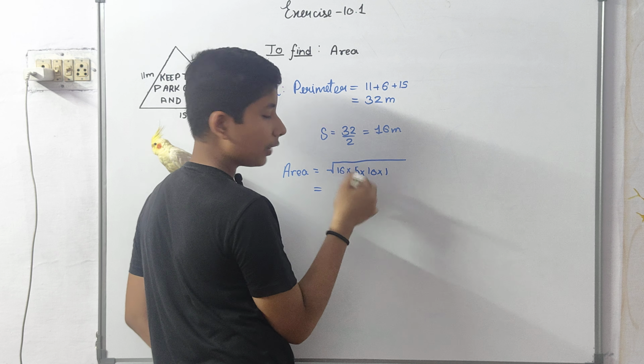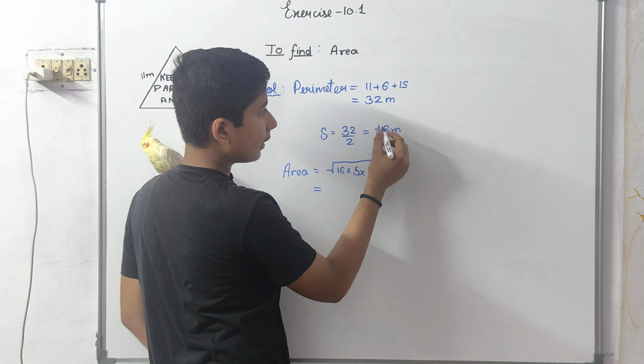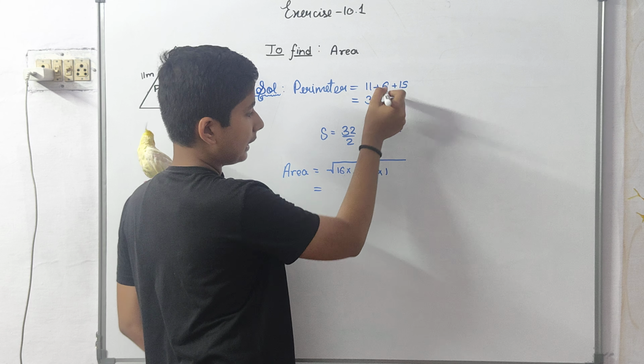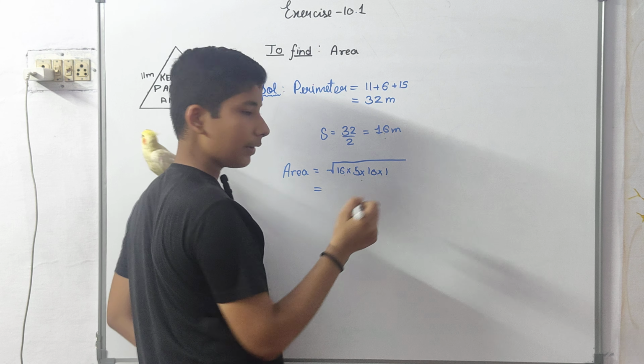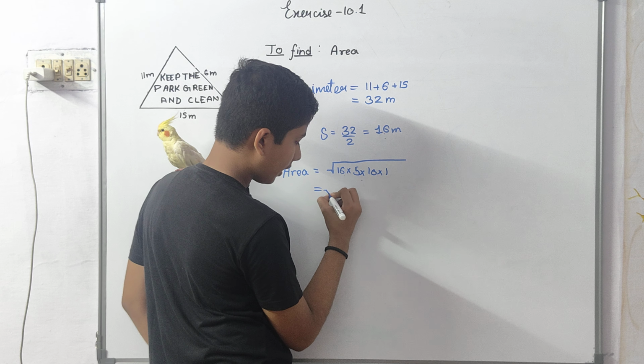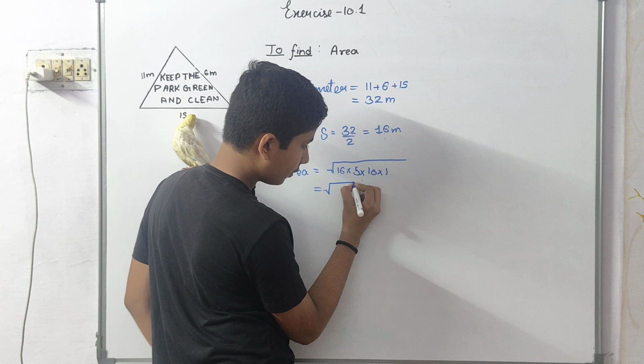Now let's check the values. 16 as it is, 16 minus 11 is 5, 16 minus 6 is 10, 16 minus 15 is 1. Yes, correct. Now 16 we can write as 4 into 4.